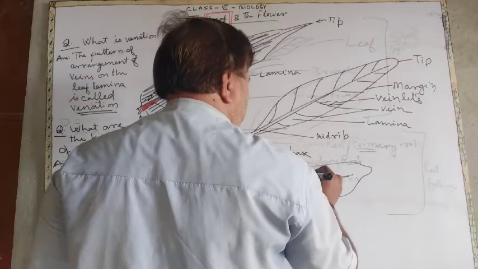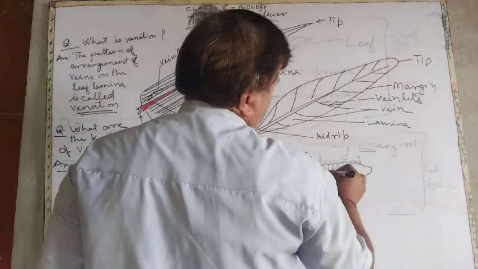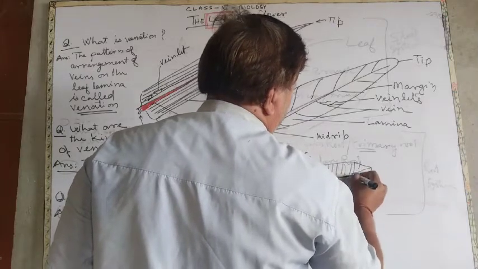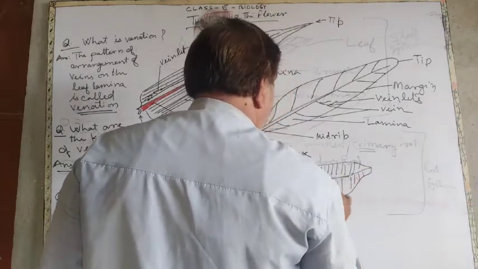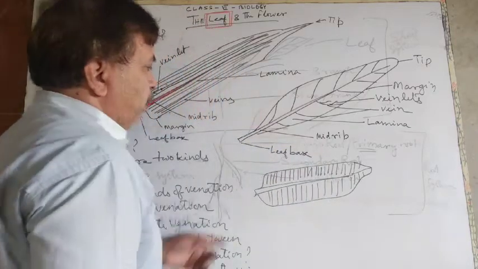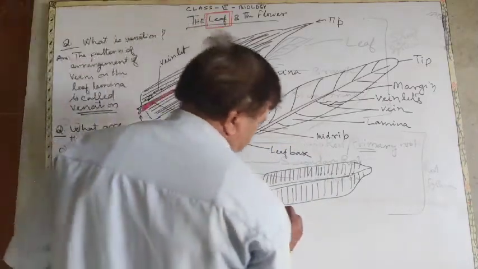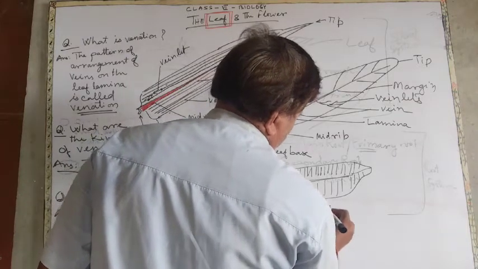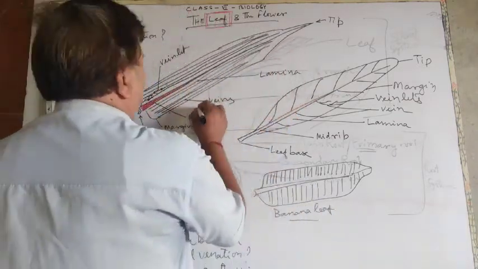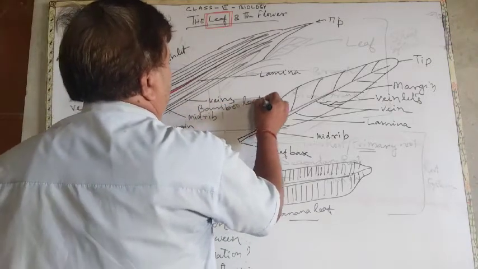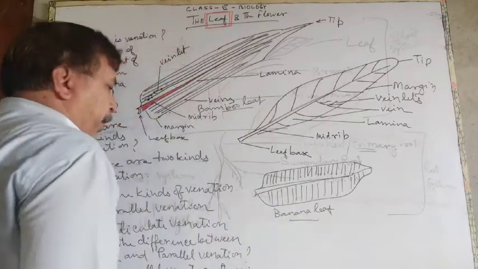Veins are parallel to each other, not with the midrib, right? So here the basic thing that you can write is, the veins are parallel to each other. That will be better answer, right? What is this leaf? Banana leaf. This one was bamboo leaf. So bamboo and banana have parallel venation.